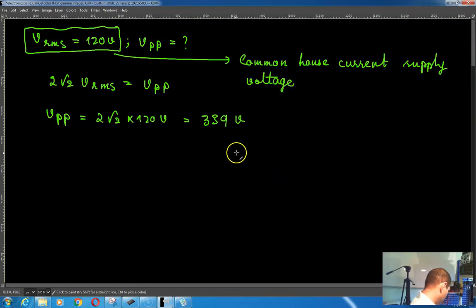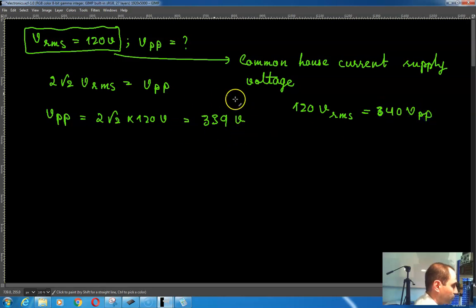Okay, meaning that 120 volts RMS is the same thing as basically 340 volts peak to peak, which is what we got over here.